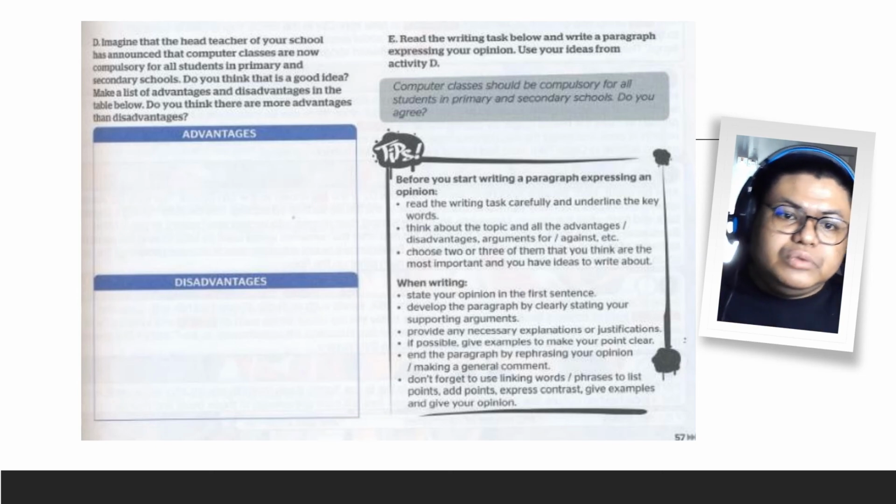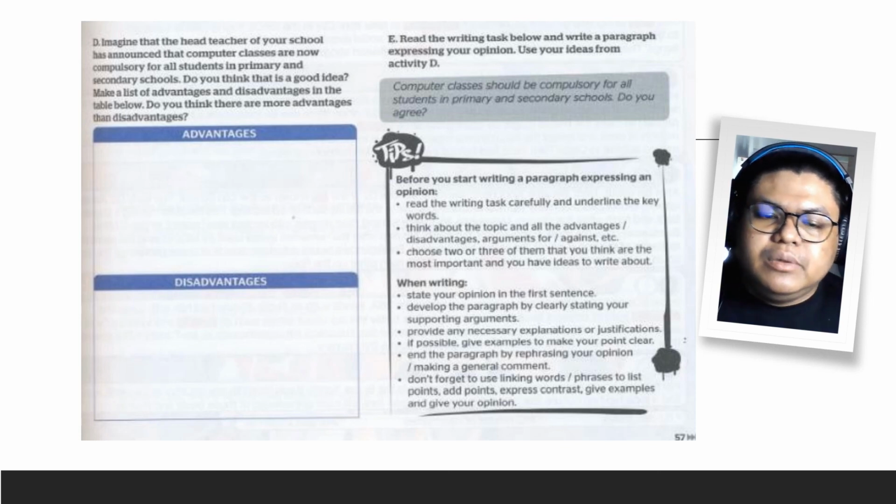Okay, so itu untuk menulis karangan tu. So when you are writing, you have to do all of this lah. Okay, pertama sekali awak kena sebut awak punya pandangan, your opinion, whether you choose to support or not supporting the topic. Okay, and then you have to develop the paragraph, okay, stating your supporting argument. So bagi inilah point-point dia, bagilah advantages tadi apa semua tu kan.